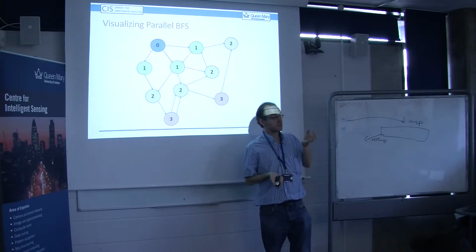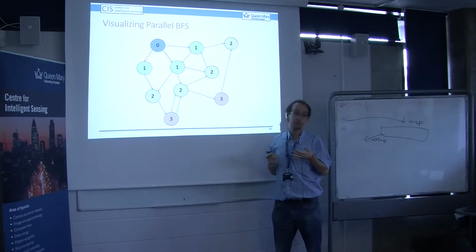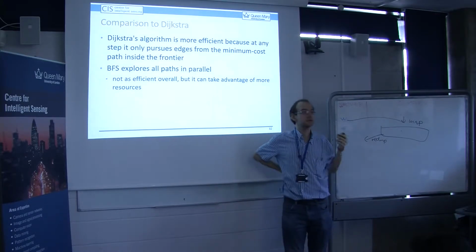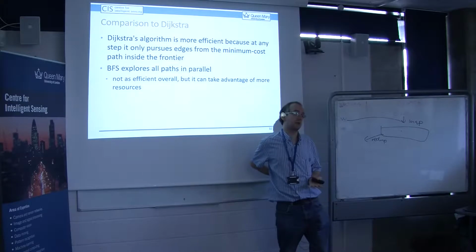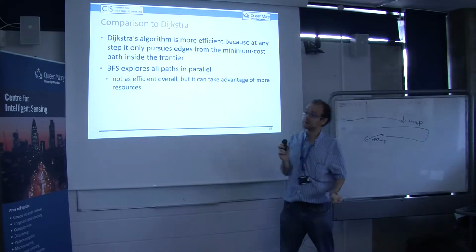And it is actually because of this difference in how we are approaching things that this is an algorithm that is much better suited for implementing a parallel exploration of my graph. Because I am not trying to be smart like Dijkstra is.